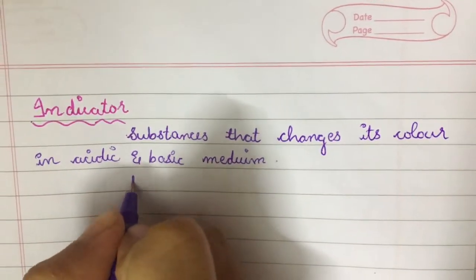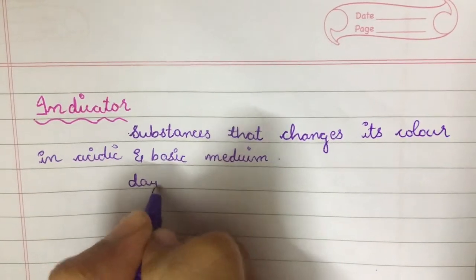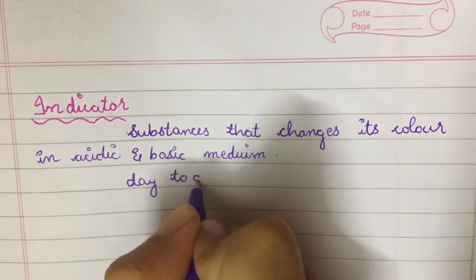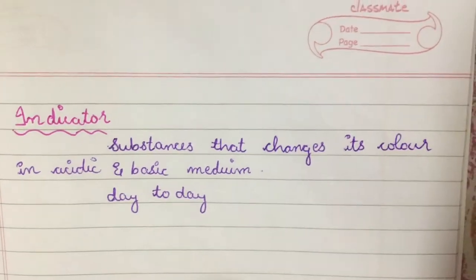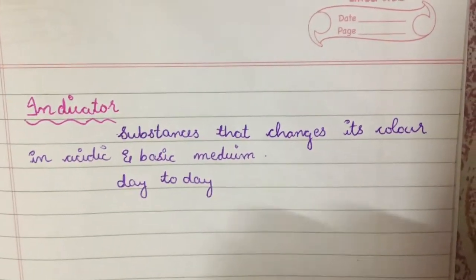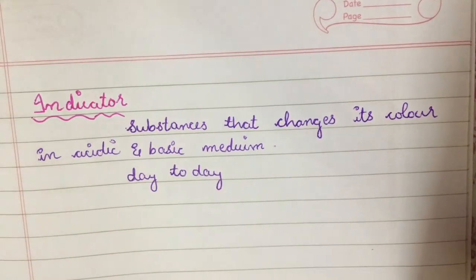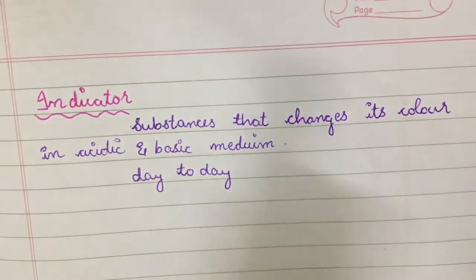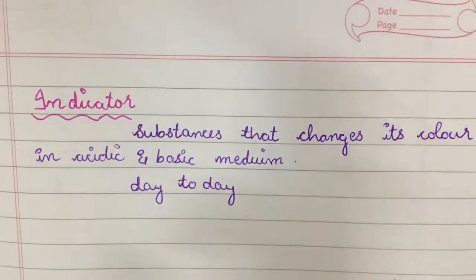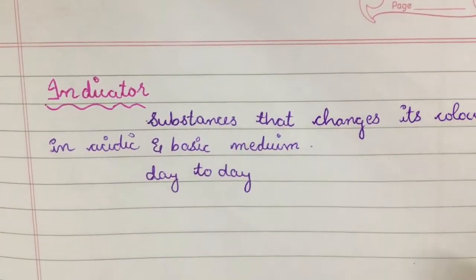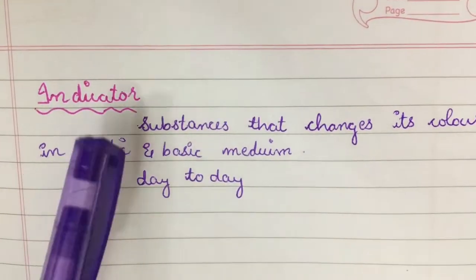This indicator can be used in our day-to-day life. Whatever substance we use, whether it is citric acid, that is lemon juice, or vinegar, all these are acids, and we can differentiate between the acids as well as the bases, like the soap solution, by using this indicator.